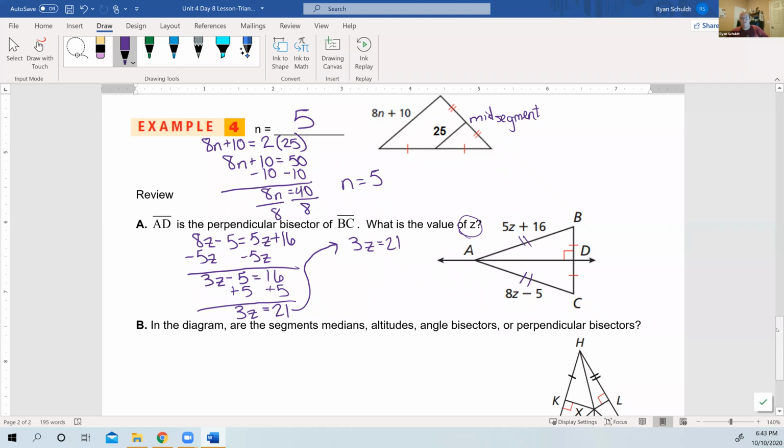That's all I did. Divide by 3, and we get z equals 7. Is that all they ask us to find? Indeed it is. So we are done. Okay, so there's that review example done.